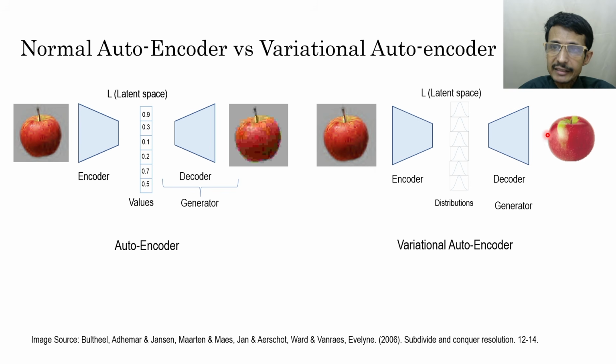That is essentially a new image that is not part of the input training set, and that's why it becomes a generative model. But a normal autoencoder is not a generative model, it just reconstructs. So that is the basic understanding of the variational autoencoder in comparison with the normal one.